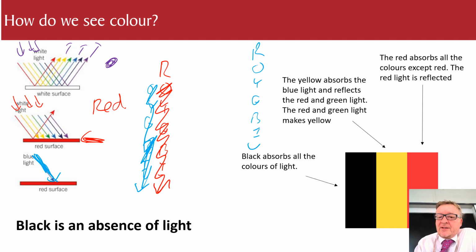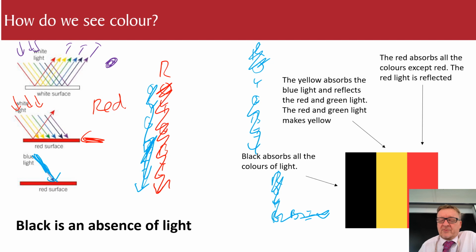The yellow means that those and those are absorbed, so the only colour reflected is the yellow. The red is only seen because the only one reflected is the red. Black: the black absorbs red, orange, yellow, green, blue, indigo, violet, so no light is reflected.